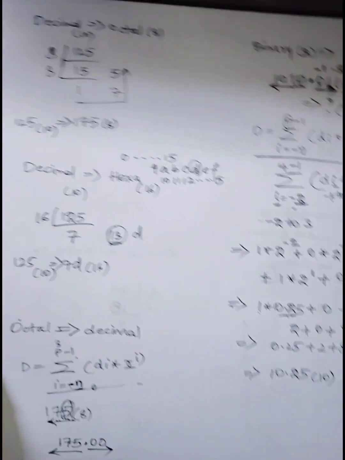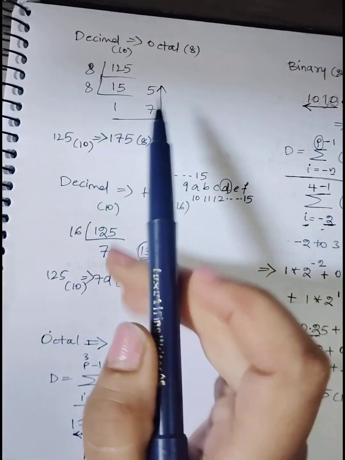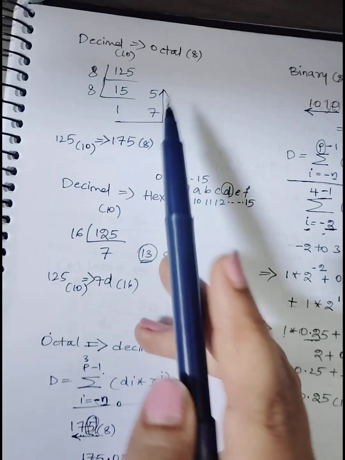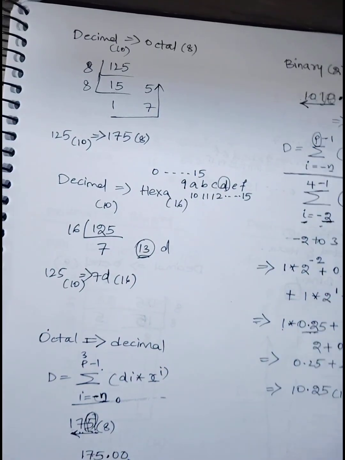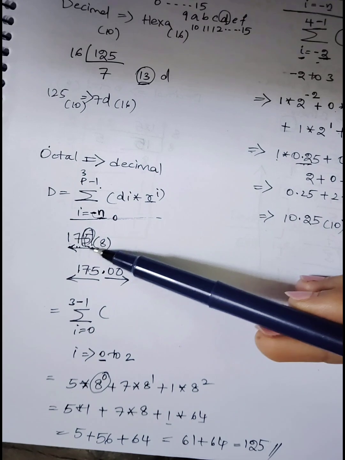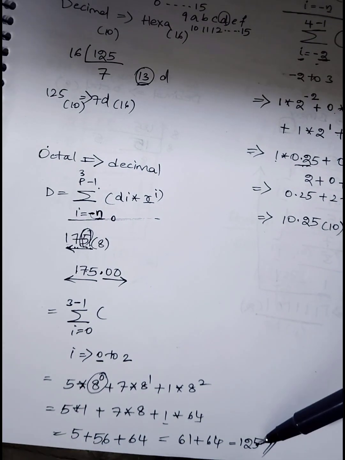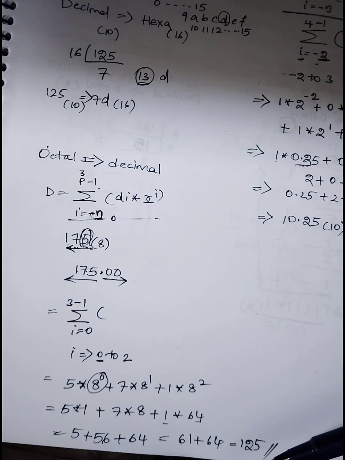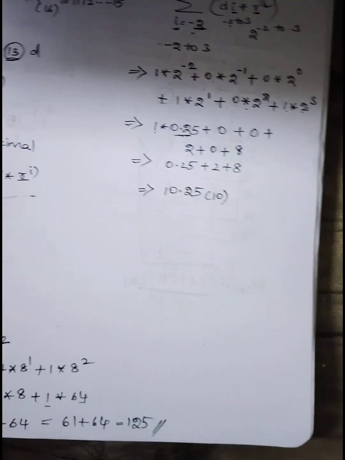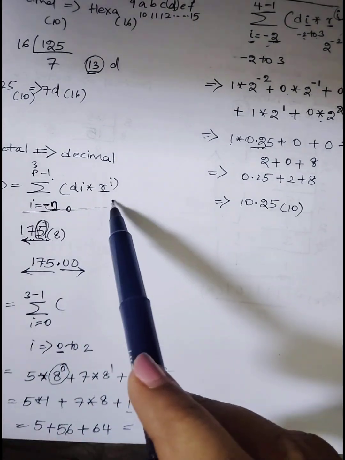And see, here we took decimal value 125, and if we convert it into octal we got 175. Now using this formula we converted the octal number 175 to decimal, which is 125. So any number, if you need to convert it into decimal, you need to use this formula.